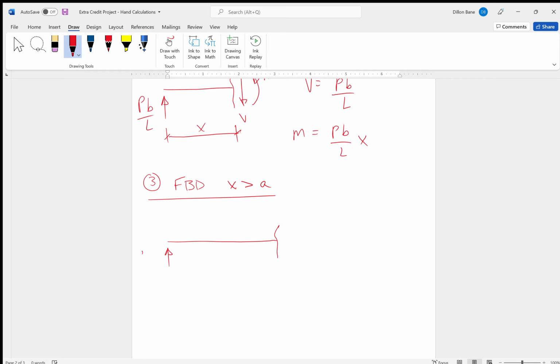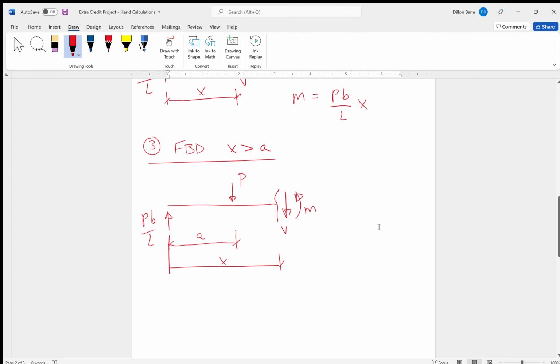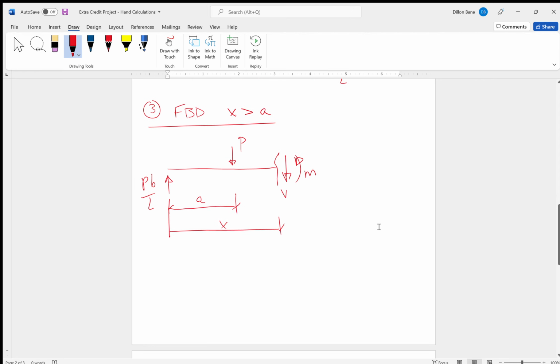We get PB over L as our left reaction, and then we have our load P that acts at a distance A from the left end, and then we're going to make our cut at a distance X, right? Again, draw your positive shear and moments, and sum forces in the Y and sum moments about the cut.